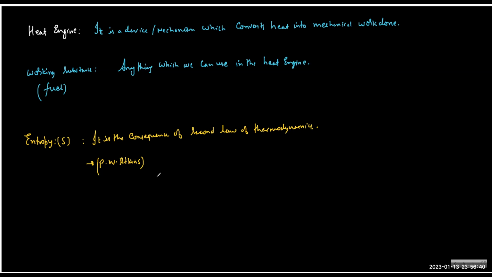Especially there is a special work by Atkins in thermodynamics. And he says something really interesting, which stuck with me for a long time. So he said that it is the measurement of the inverse degree of quality of energy.